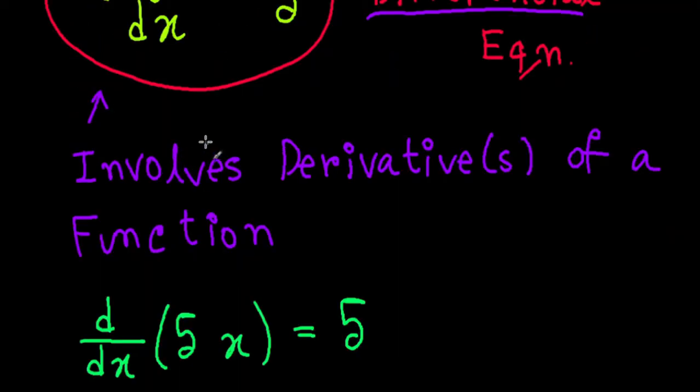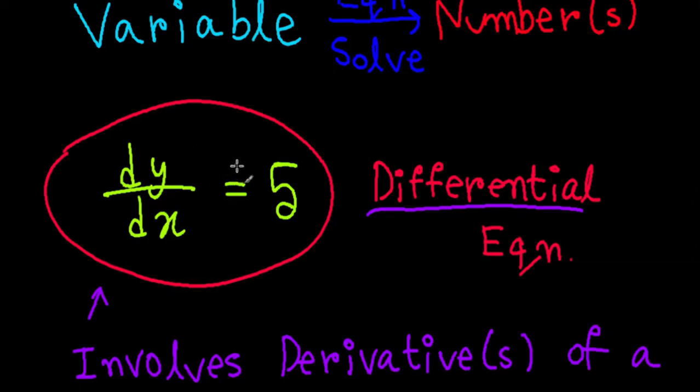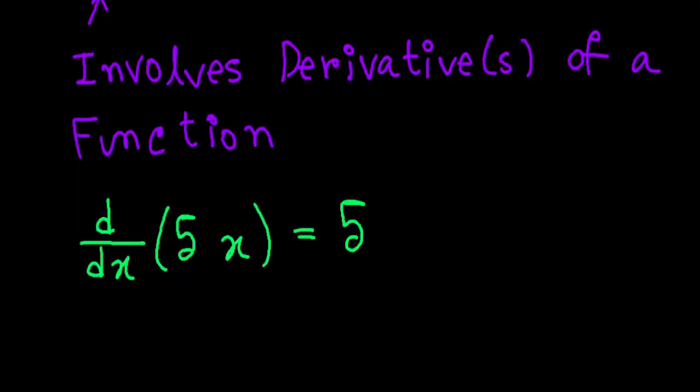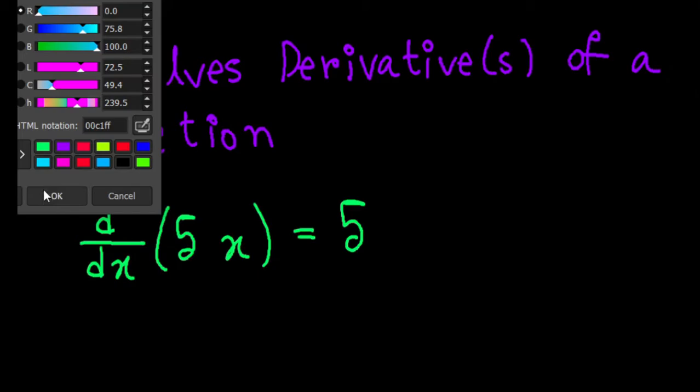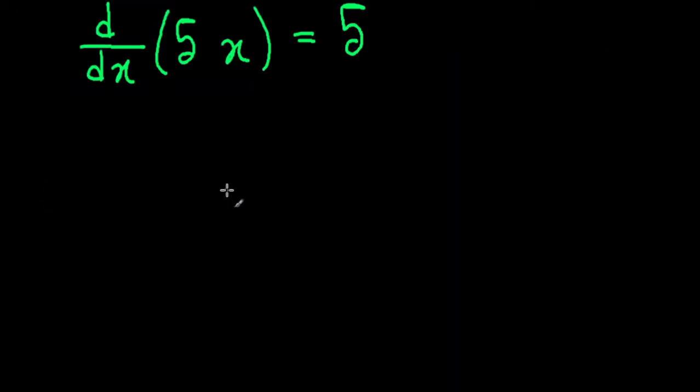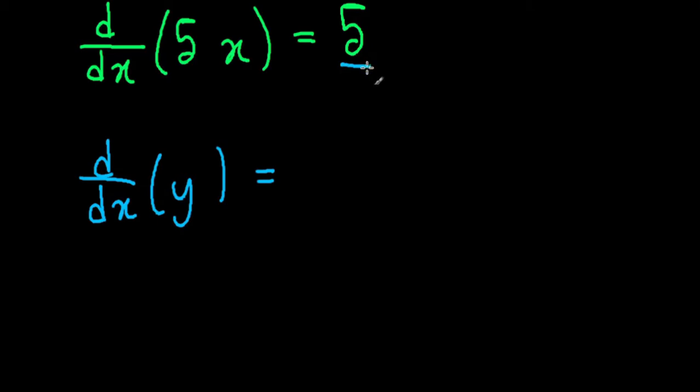You've probably seen this a million times already. So let's pattern match. dy by dx is the same as 5, but we also said that 5 is the same as the derivative with respect to x of 5x.